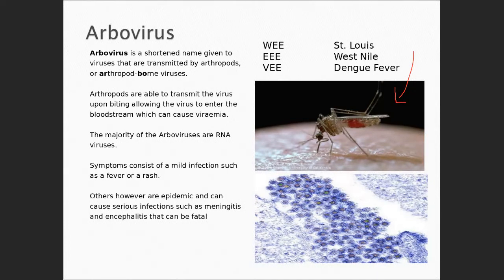Western equine encephalitis, Eastern equine encephalitis. VEE stands for Venezuelan equine encephalitis. St. Louis encephalitis, West Nile, dengue fever, and then we throw Zika in here because Zika has become a virus of interest in the United States, mostly in the southern states, because of the very few cases that we have had of individuals in the southern states that have had Zika.